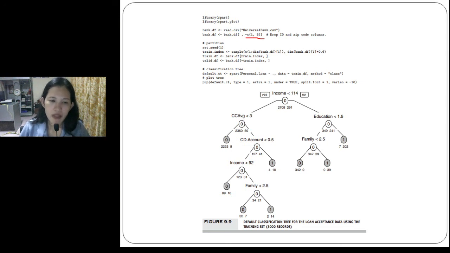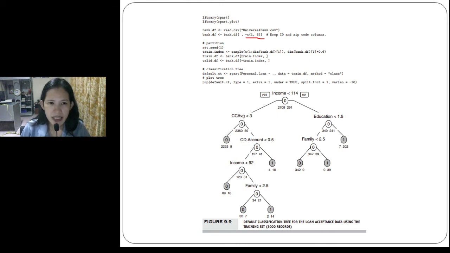To create the training data set, we randomly select records from our data set, using train.index and the sample method.